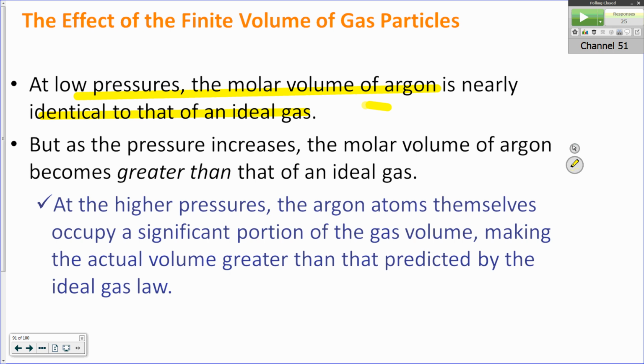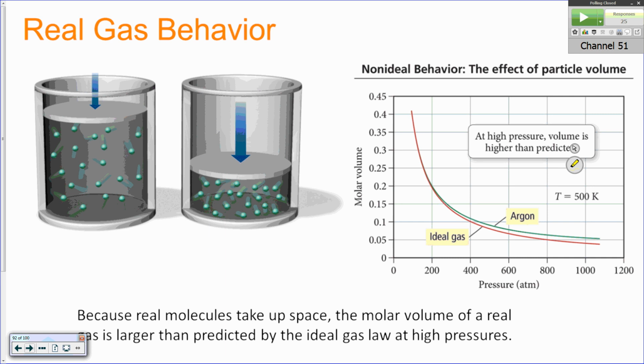But as I start to take the pressure up, the molar volume of argon, and argon's a pretty decent sized gas, it weighs 40, becomes greater than that of the ideal gas. The fact that the argon atoms themselves are contributing a little bit to the volume of the gas is what makes it differ from that predicted by the ideal gas. The fact that they have volume and are occupying some of the space is a contributing factor.